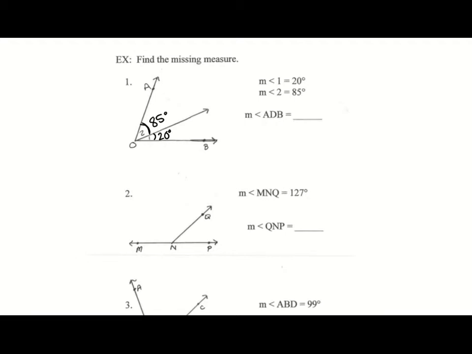And this right here is supposed to be a D, not an O. Okay, so ADB. Well, to find that, we know the two pieces of our large angle. If we know those two parts, we can take our part plus our part equals our whole, since these are two adjacent angles. So the measure of ADB is going to equal 20 plus 85, which is 105.